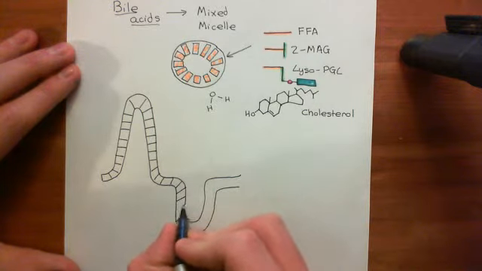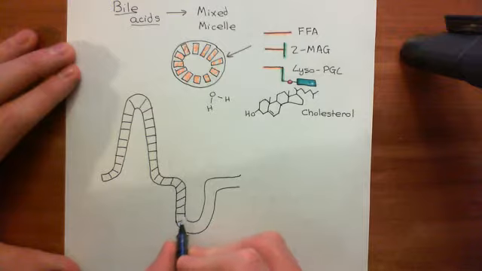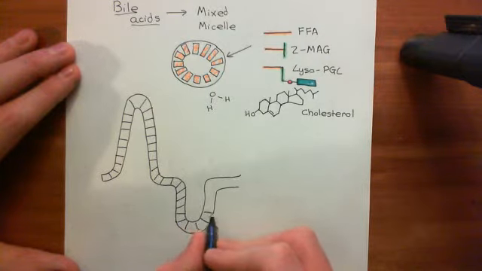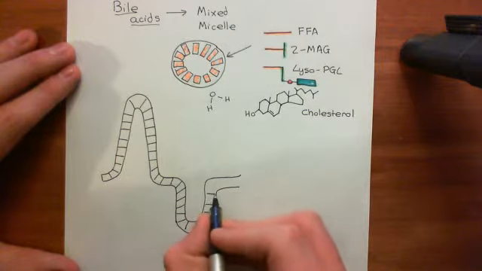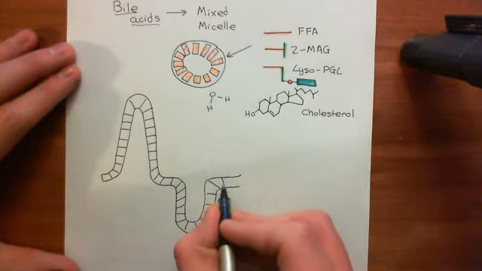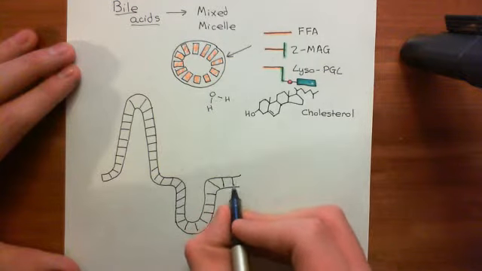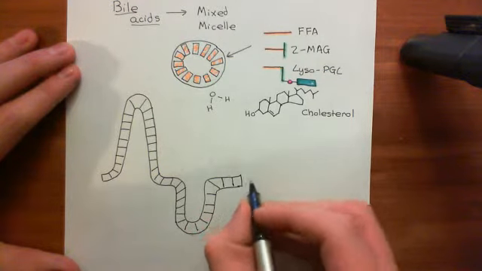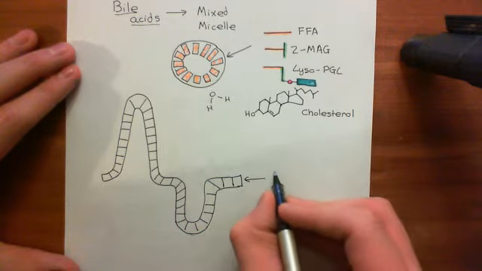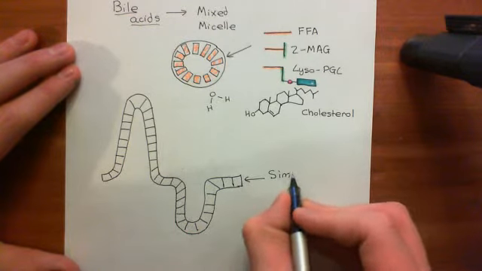Well, the simple refers to the fact that it's a monolayer of cells. You don't have multiple layers of cells, and you don't have it even looking as though it's multiple layers of cells. Some epithelia can actually look as though they're multiple layers of cells, even though they aren't. So this is a simple columnar epithelium.